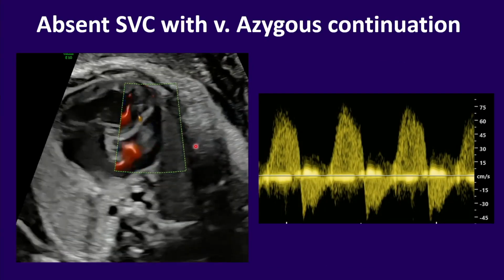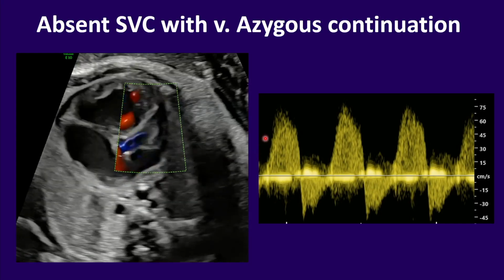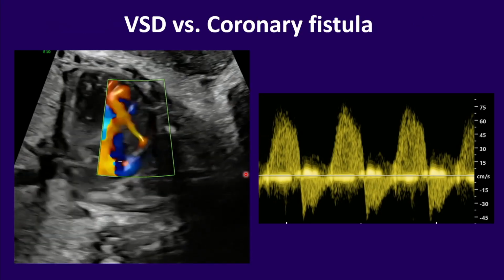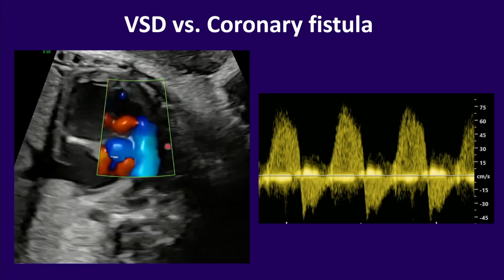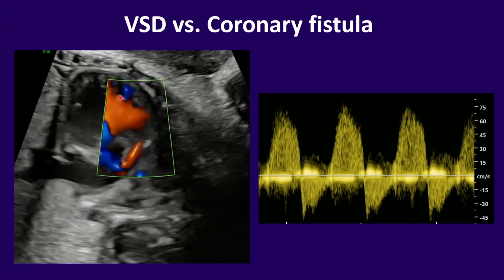And then we saw some, we thought initially VSDs, but indeed they were coronary fistulas, also surprising. And you can see the dilated right coronary artery and the fistulas.